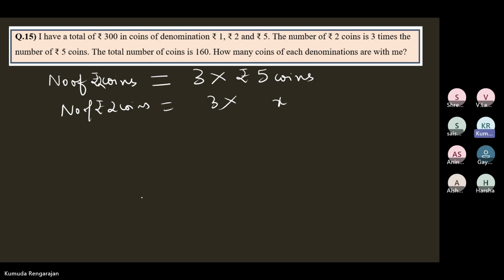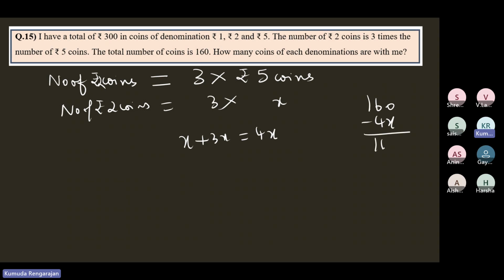How many 5 rupee coins? X. How many 2 rupee coins? 3X. So what is the total of the 2 rupee coins and the 5 rupee coins? 4x. How many coins are there in all? 160.